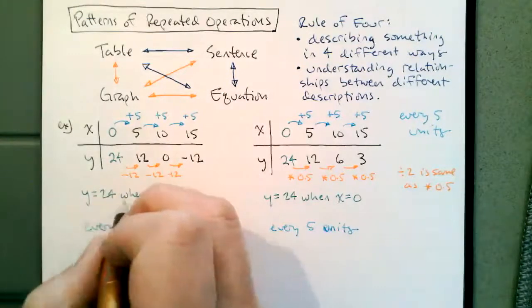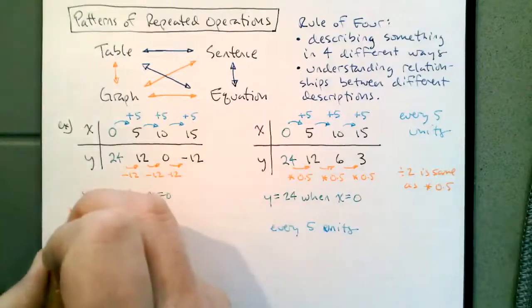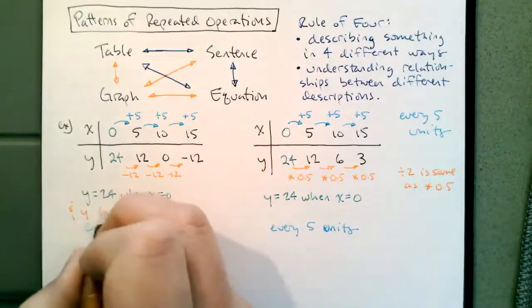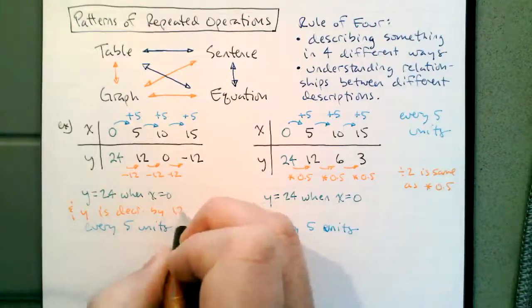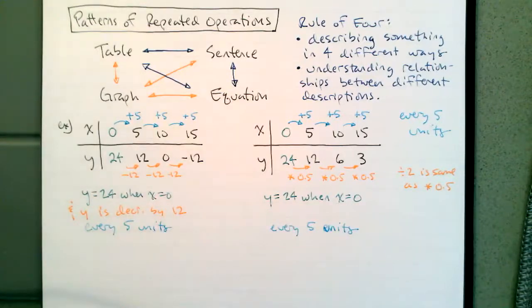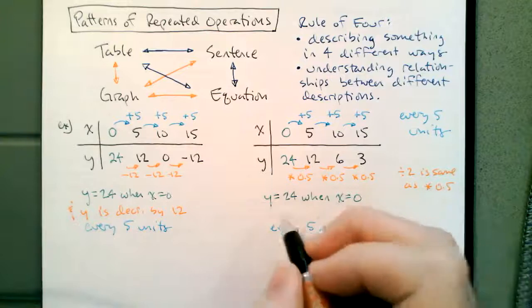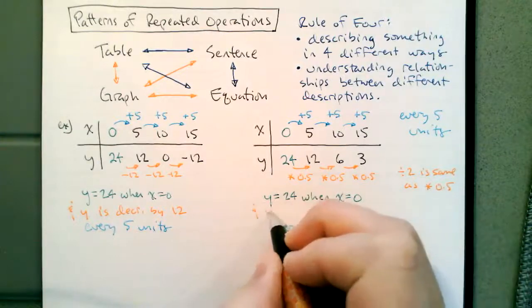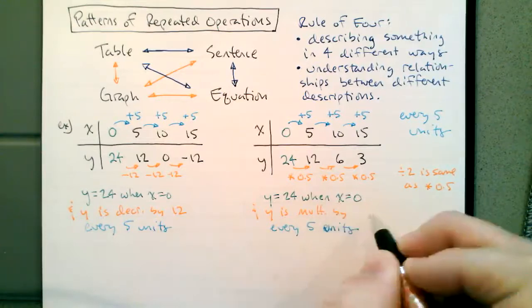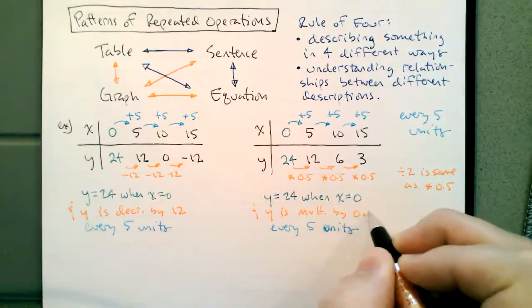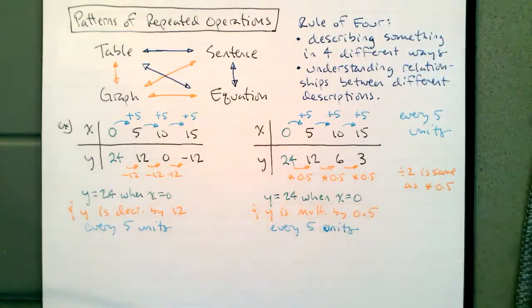We'll say y is 24 when x equals 0, and y is decreasing by 12 every 5 units. In the function on the right, we see that what's happening over and over again is multiplying by 0.5. So we'll say, and y is multiplied by 0.5 every 5 units.